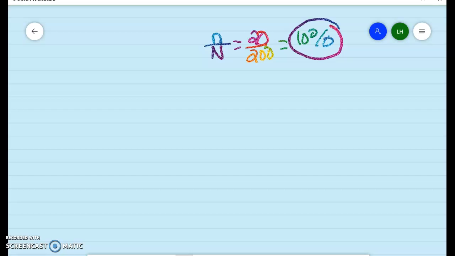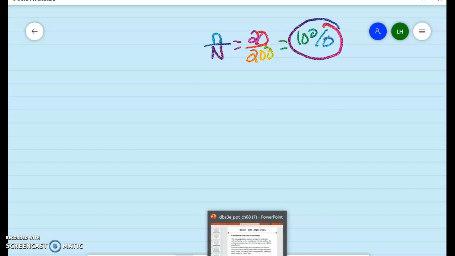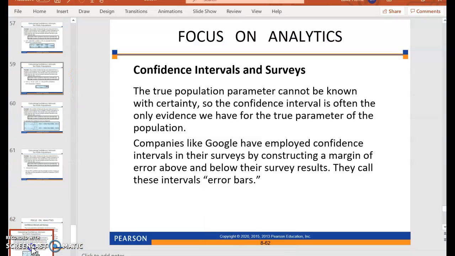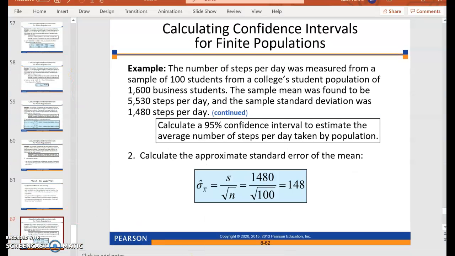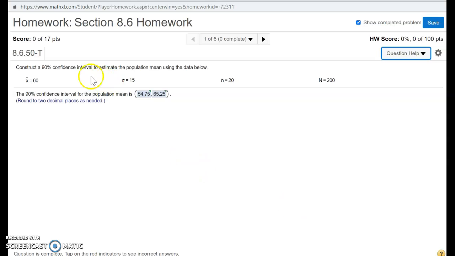Remember, if it's greater than 5%, then you have to use the finite correction factor. Okay, moving on. So we know we're going to have to use that, and we want to construct a 90% confidence interval for the population mean.